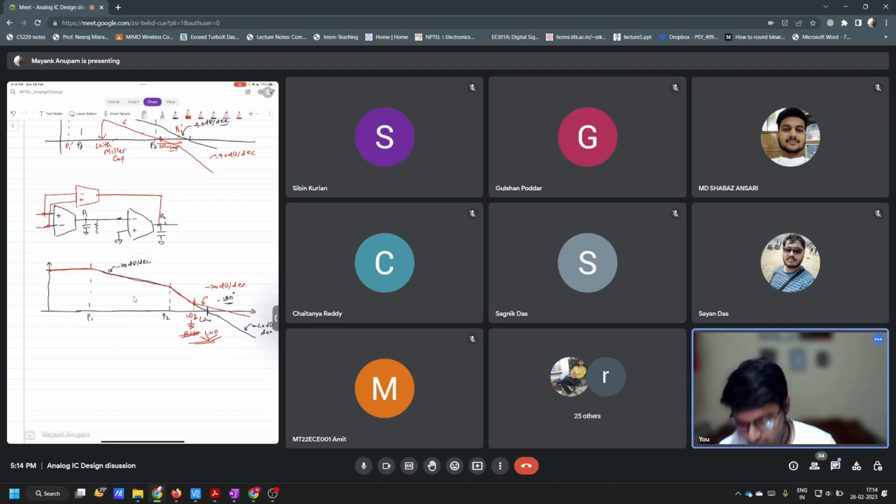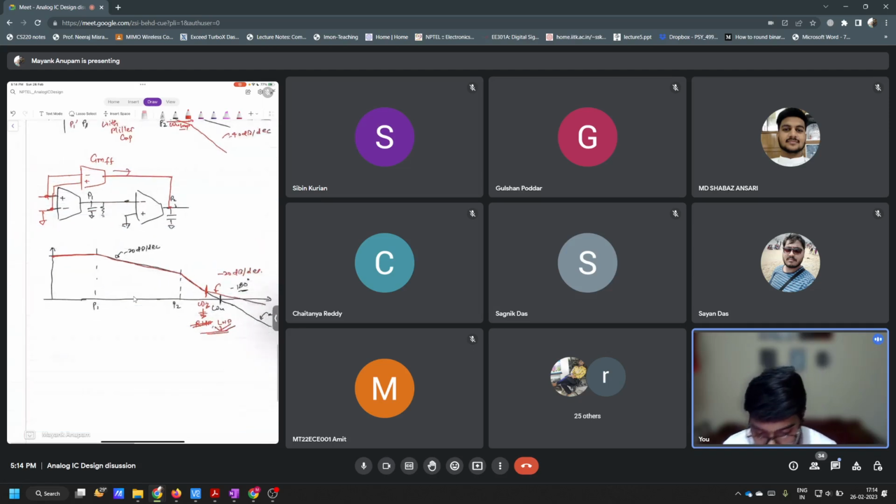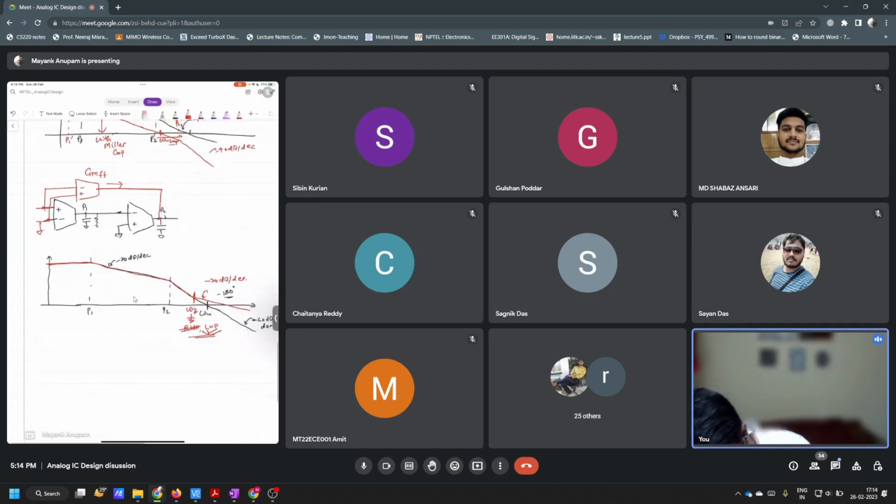So this is the feed forward path, and we name it GMFF. This feed forward path here will add a 0, which will make the system stable. Now I already told that this feed forward path has to be faster compared to this path, right?